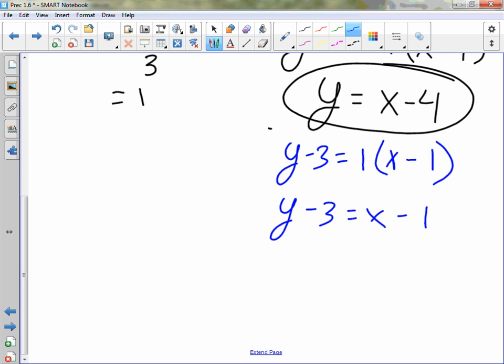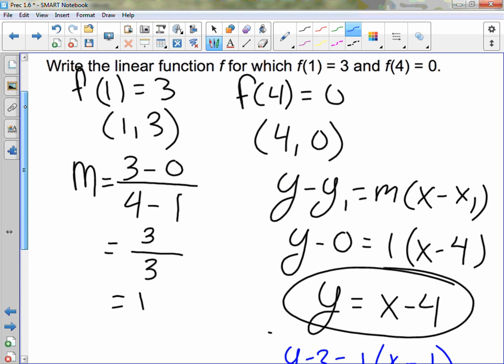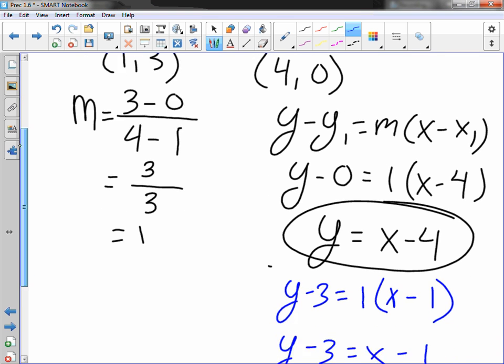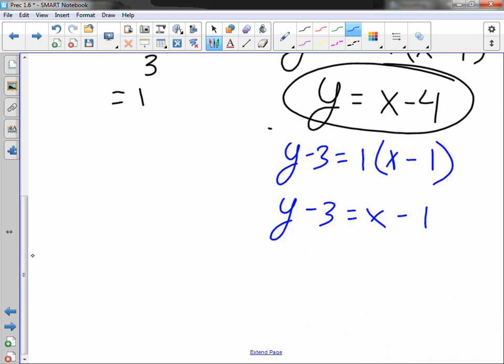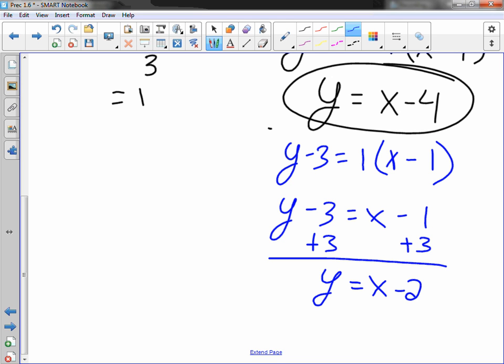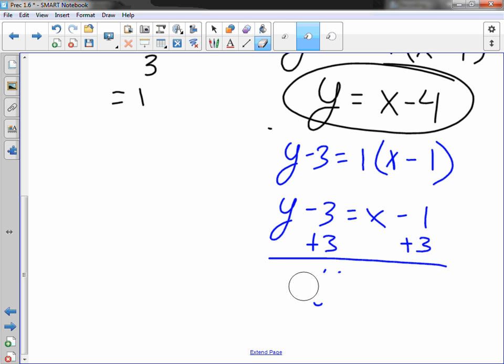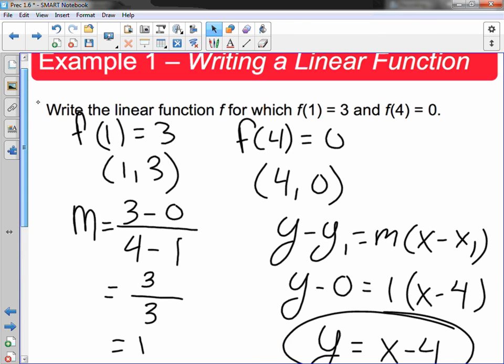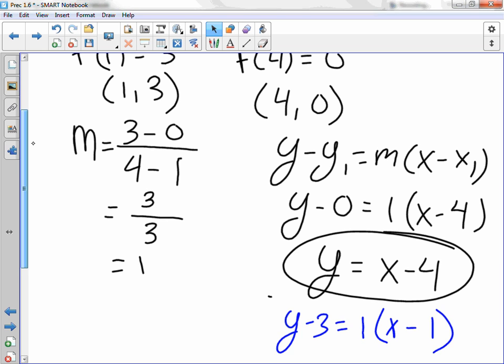Make sure I got the right point. 1, 3, yes. That's a little weird. Let's see, something happened. Let's back up for a second and make sure I did that right. 4 for x, 0 for y.